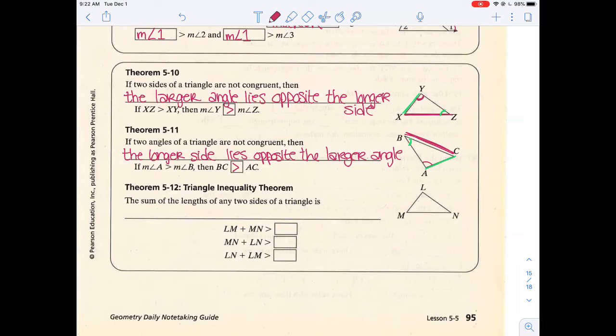And theorem 5.12, the triangle inequality theorem, says the sum of the lengths of any two sides of a triangle is greater than the length of the third side.